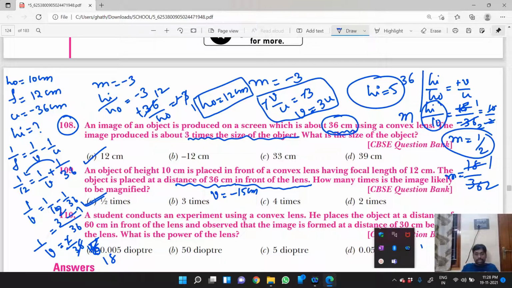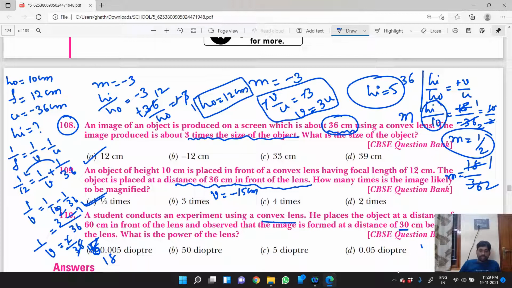A student conducts an experiment using a convex lens. He placed an object at a distance of 60 centimeters in front of the lens and observed that the image formed at a distance of 36 centimeters behind the lens. What is the power?